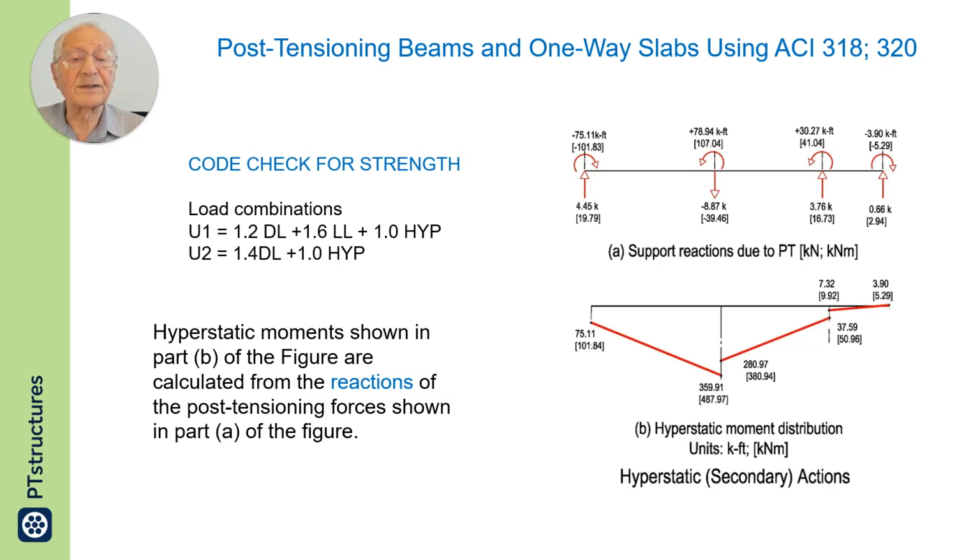These reaction values are used to build the moment diagram. They result in distribution of moment along the length of the member. Here I have this bending moment, which is the same as here, 75, 75.